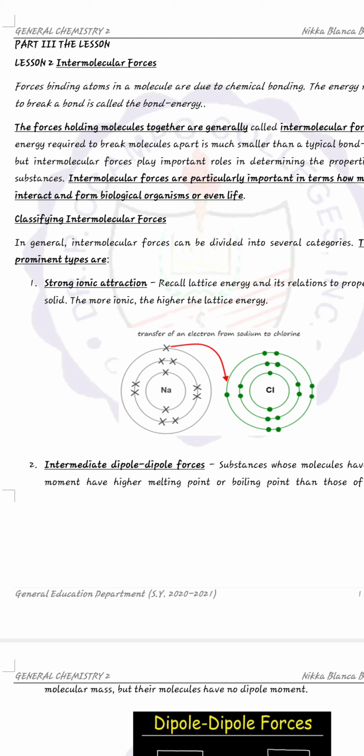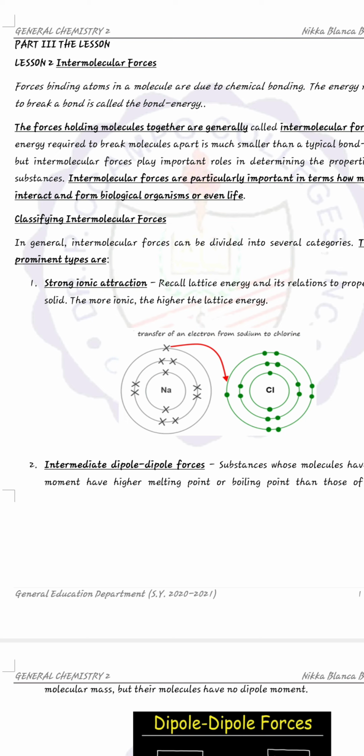Meaning, it is the energy required to convert 1 mole of an ionic solid into gaseous ionic constituents. So, transferring an electron from one element to another is a strong ionic attraction.